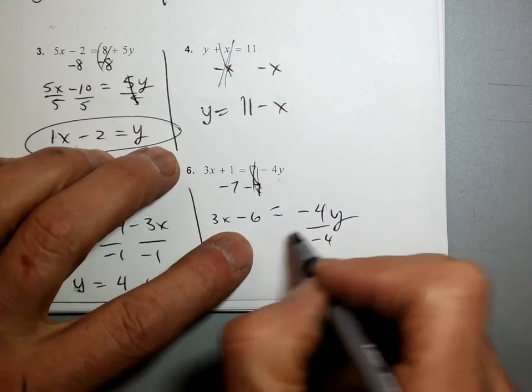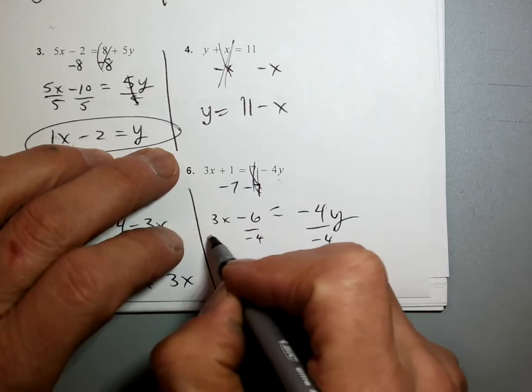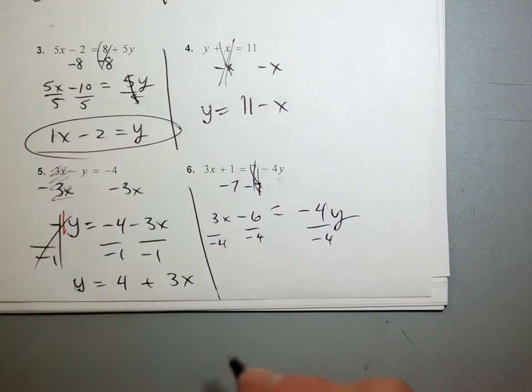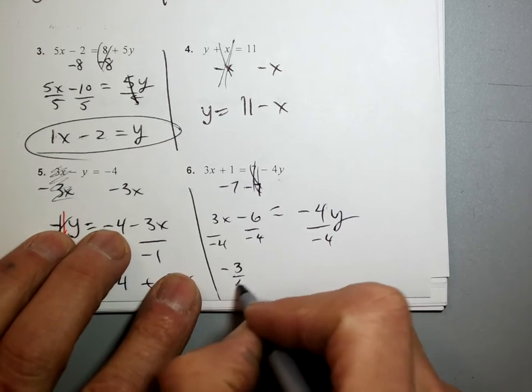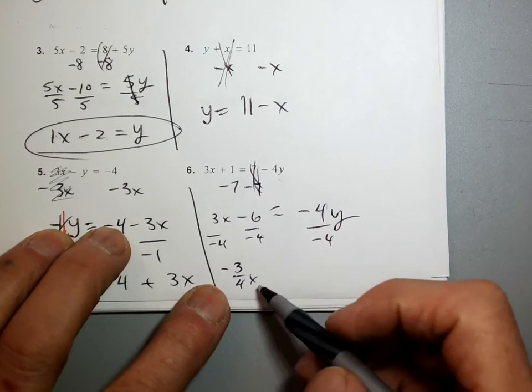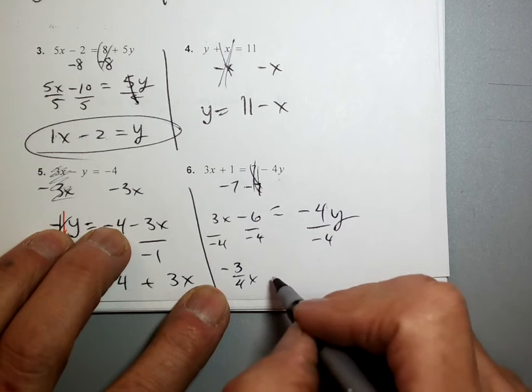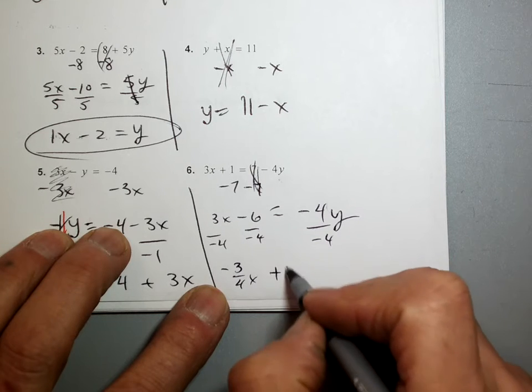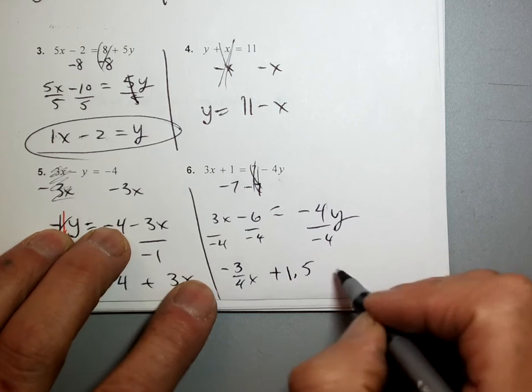Now, fractions are okay. I don't mind fractions because I could get a decimal. Negative 3/4 is fine, or 0.75. I don't care. And then plus 1.5 or 6/4 equals y.